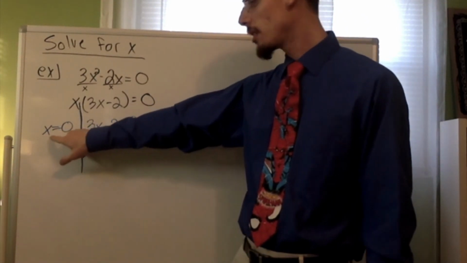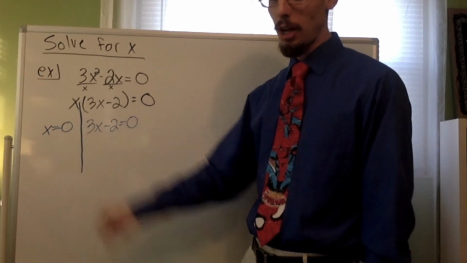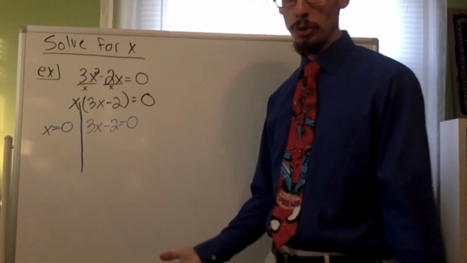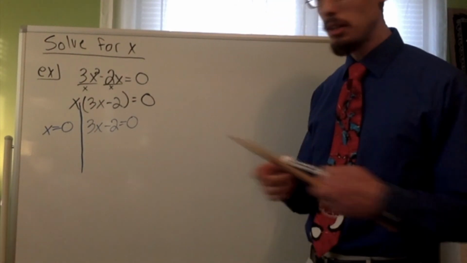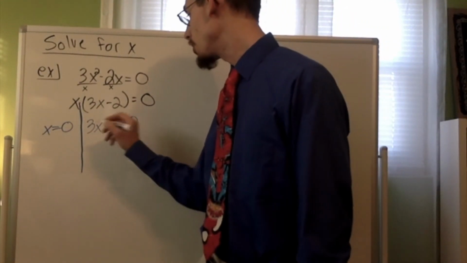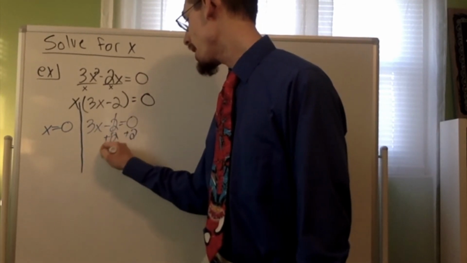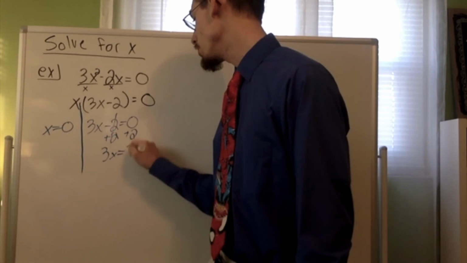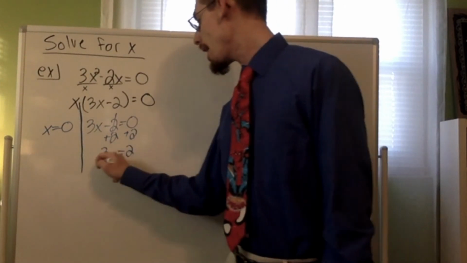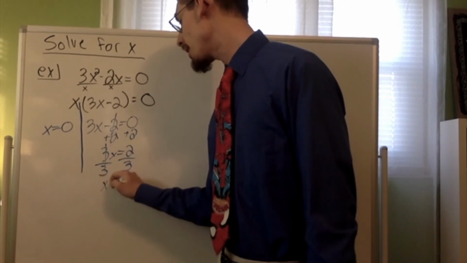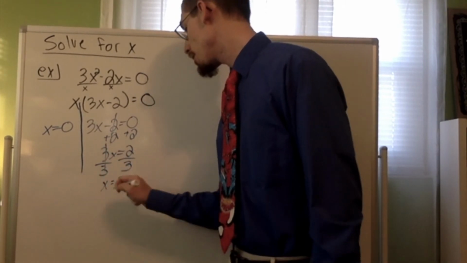Well, hey, guess what? This one is already solved for. It's the equation on the right that's more of a two-step equation. It's still easy enough to solve. So what do we do? Add a 2 and get 3x equals 2, and then divide by 3 to get x equals 2/3.